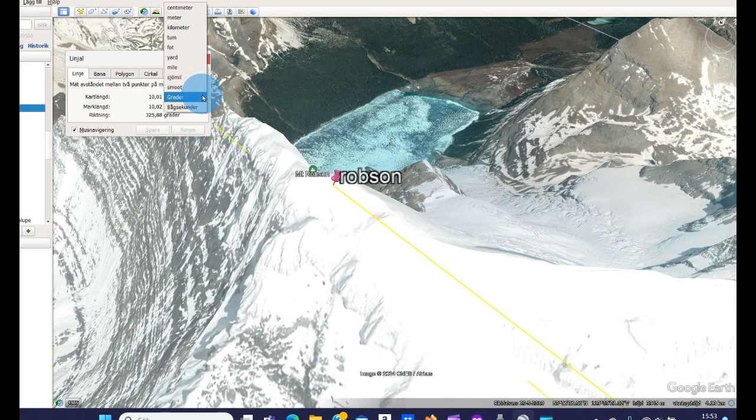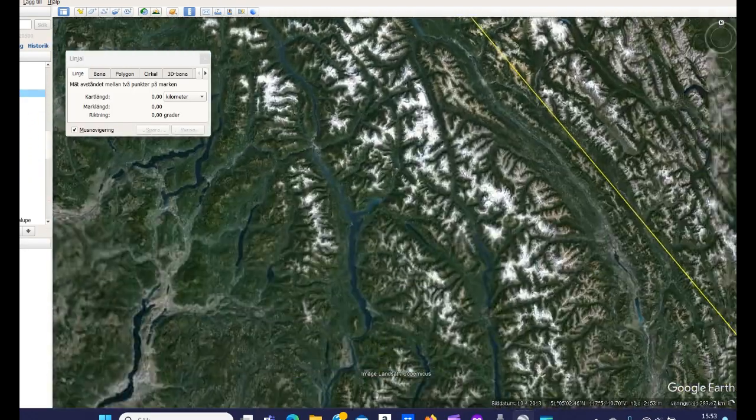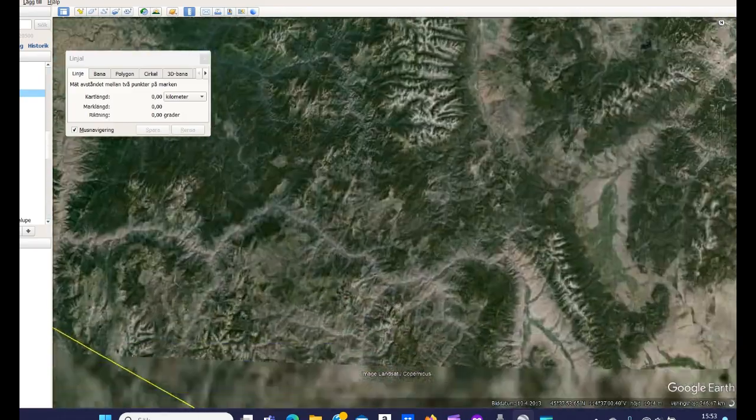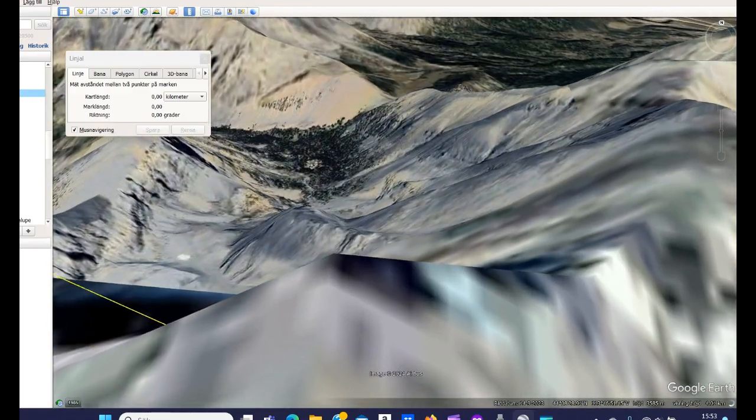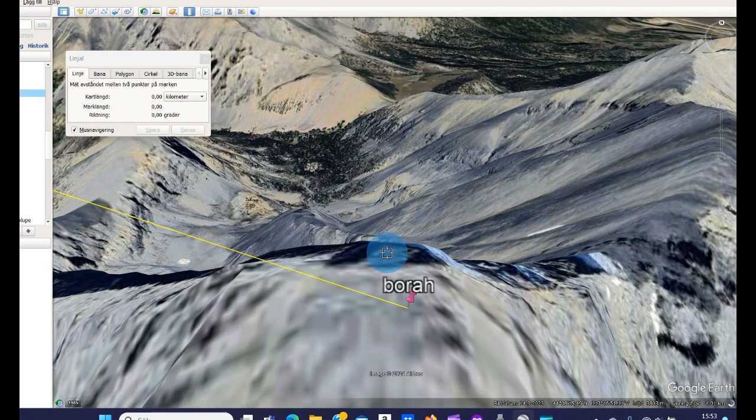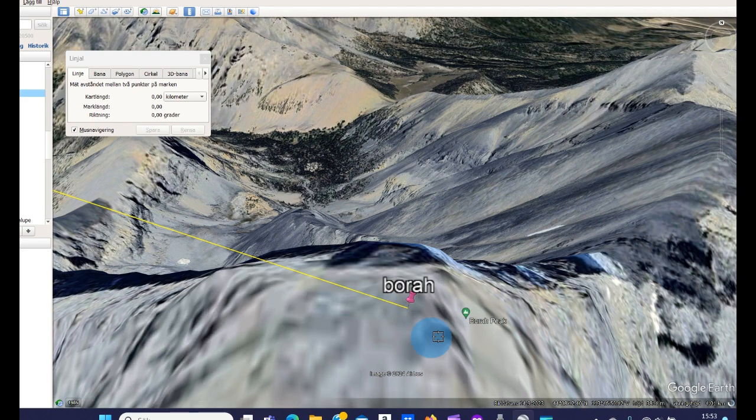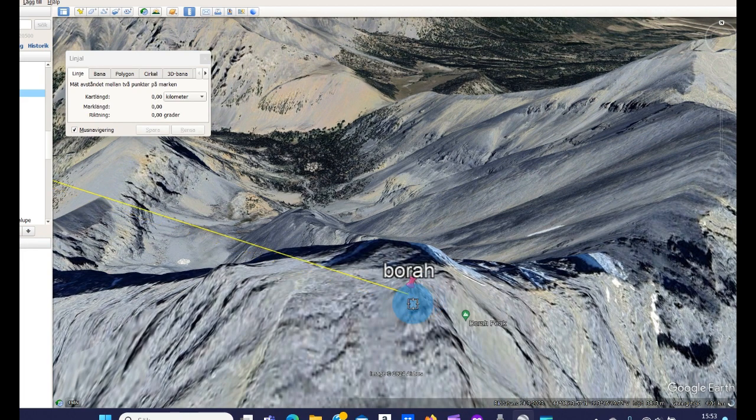Let's now shift to kilometers, and measure the other distance, between Borah Peak and Rainier. So let's fly to Borah Peak first. And we should here then find 792.7 kilometers. So let's see if that's correct. And right here we have Borah Peak.